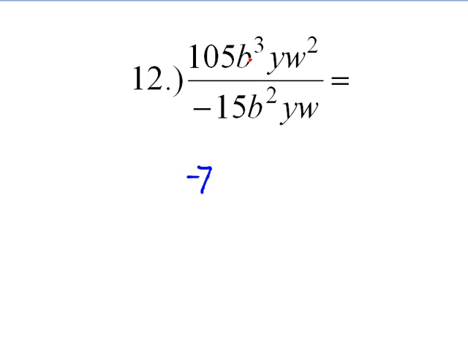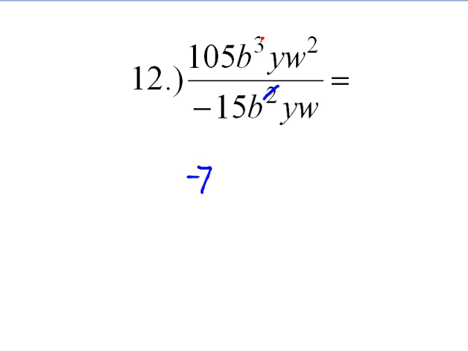Now here we have b to the 3rd and b to the 2nd. You're supposed to take 3 and subtract 2. If you just think of this as putting the exponent where the most is, it's the same thing.